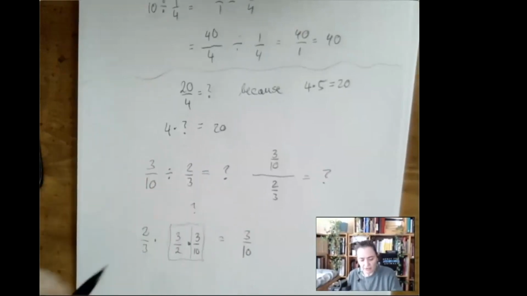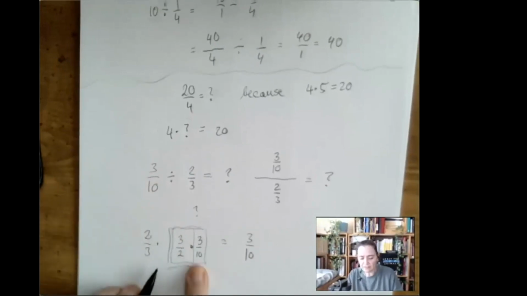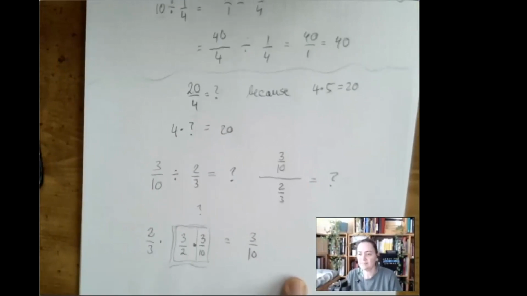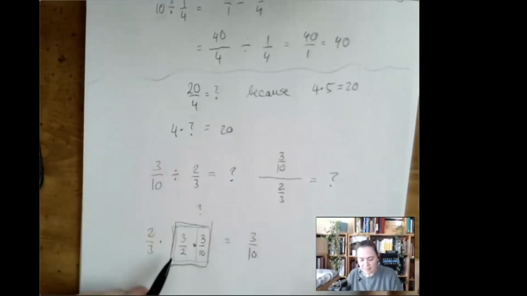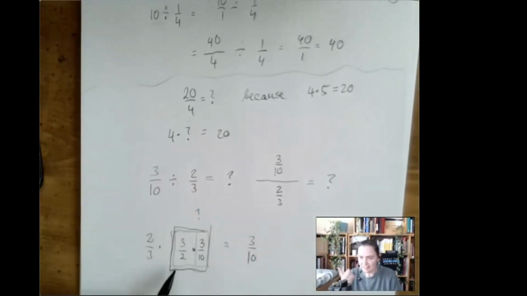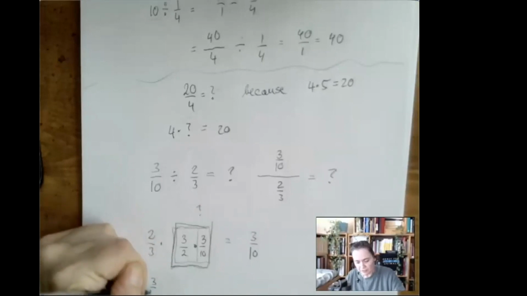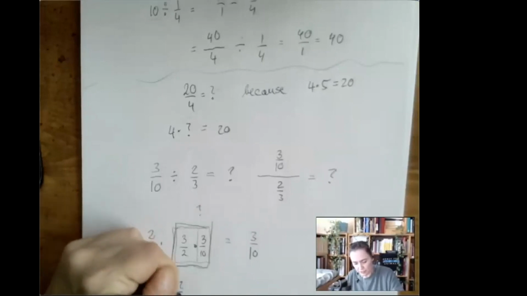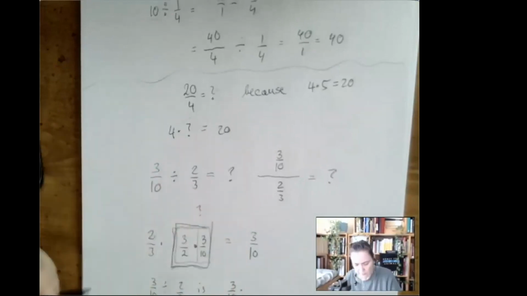Now let's check: 2 over 3 times 3 over 2 is 1, and 1 times 3 over 10 is 3 over 10. So this will work. And so the magical number is what we're dividing by, times the reciprocal, only they're in a weird order. Basically, 3 over 10 divided by 2/3 is 3 over 10 times 3 over 2.